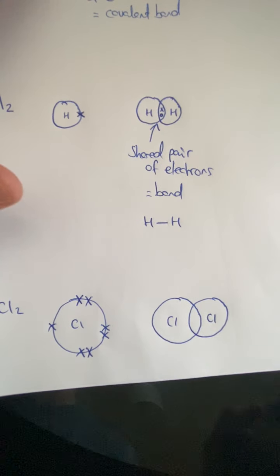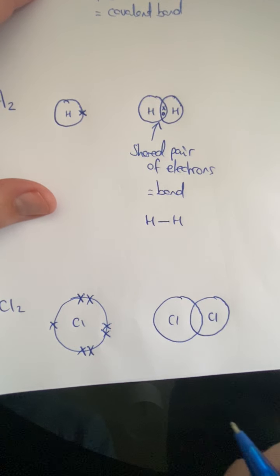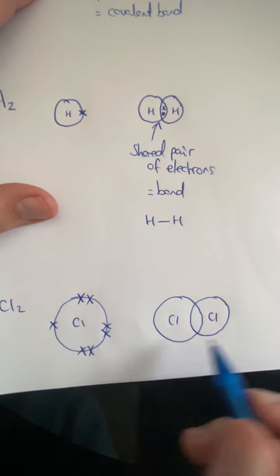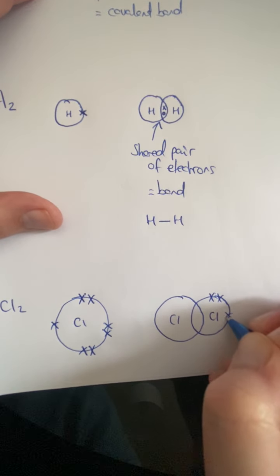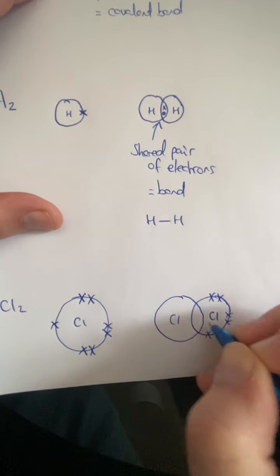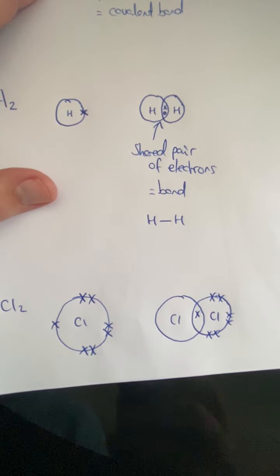You want to put Cl in both so that you know what atoms they are. Then you can fill it in. We'll start with the right hand side: 1, 2, 3, 4, 5, 6, 7. And the left hand side will look exactly the same.